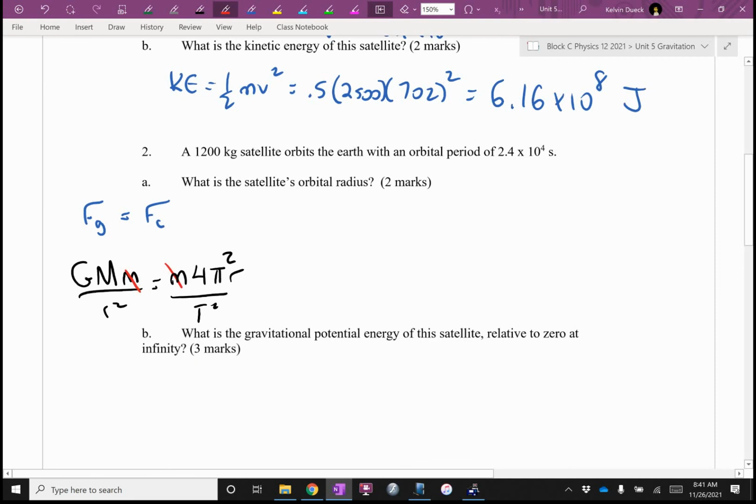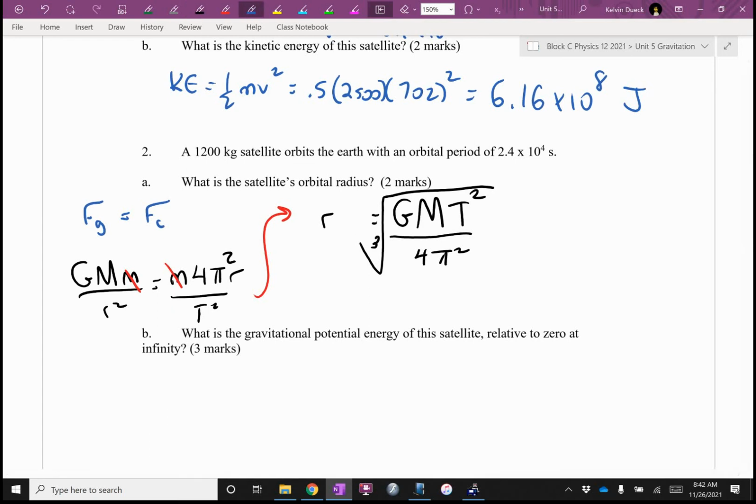Little m still cancels. I'm going to get r cubed equals big G, big M, t squared over 4 pi squared. So I guess it's going to be the cube root.